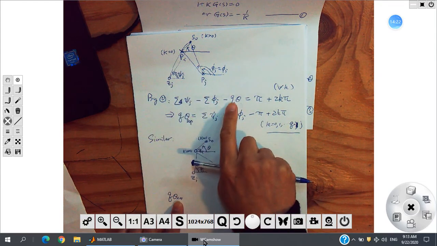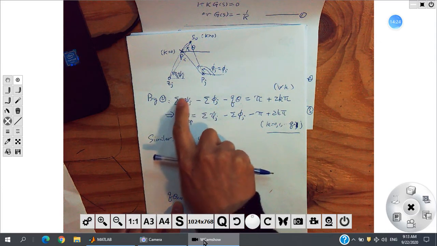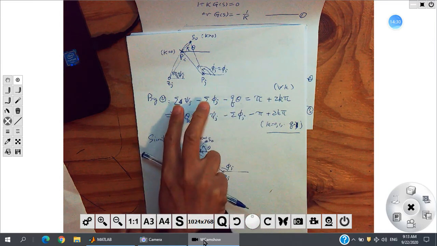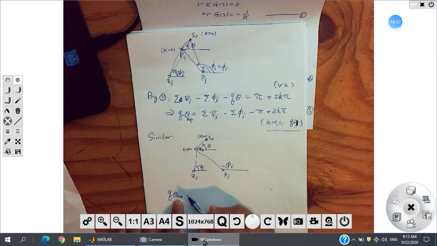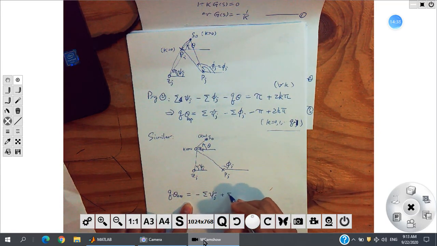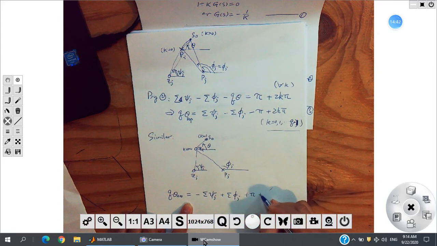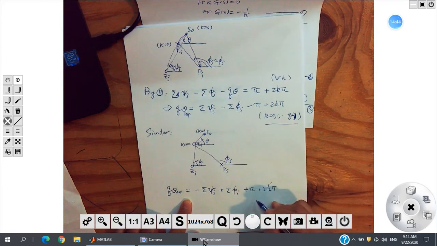Here q theta should be plus. All of these are plus, so here should be plus. Then just move these to that side. So we have the negative of these varphi and the positive of these phi, and here's plus pi plus 2k pi, and k is also just 0, 1 to q minus 1.